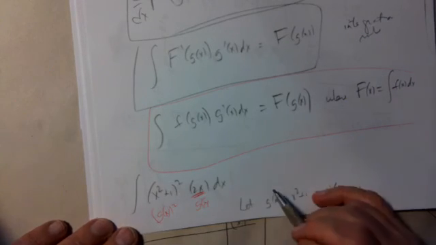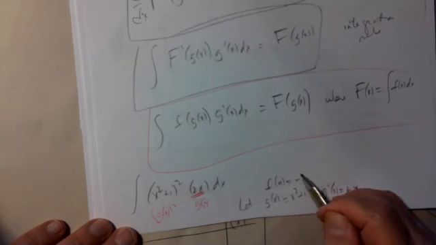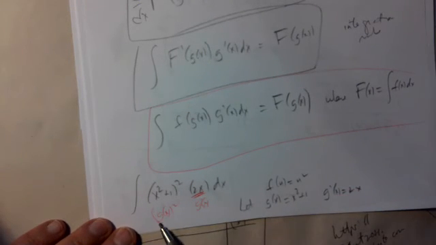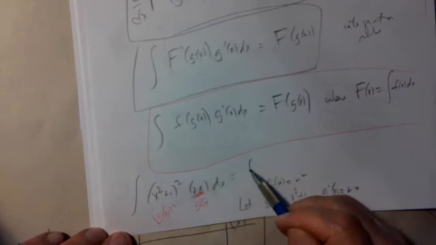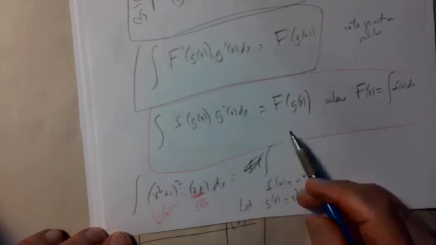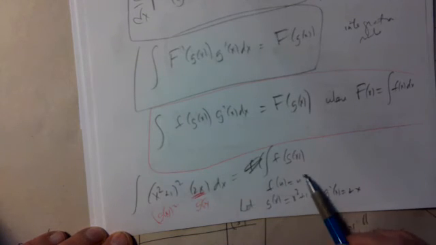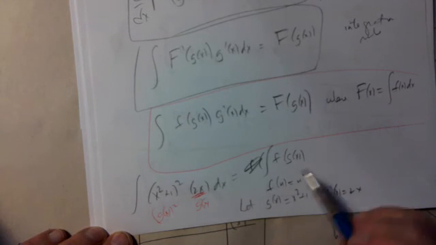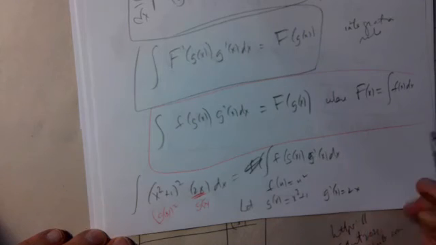So if you think of f of u as being u squared, this is the integral of f of g of x, because that would be g of x squared, times 2x, g prime of x dx.